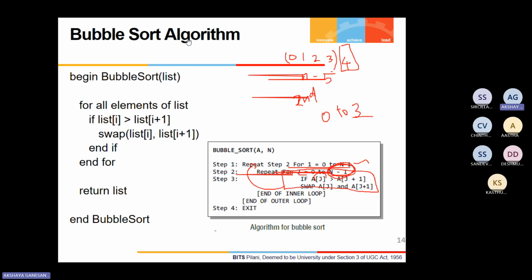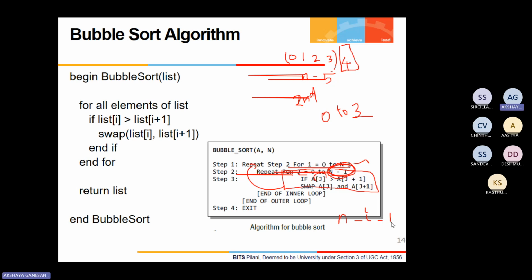Do you get the point what I'm saying, why it is wrong? Yes, I hope, ma'am, that part is clear. So how do you indicate that it need not run for the last position, but has to run for only before the last position? So it is n minus i minus 1.